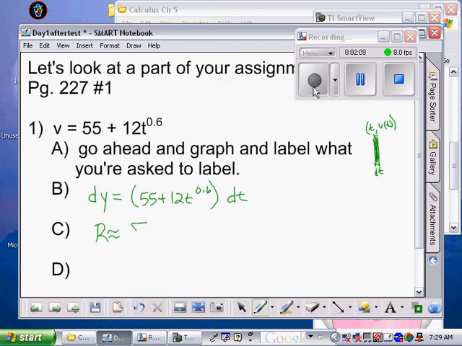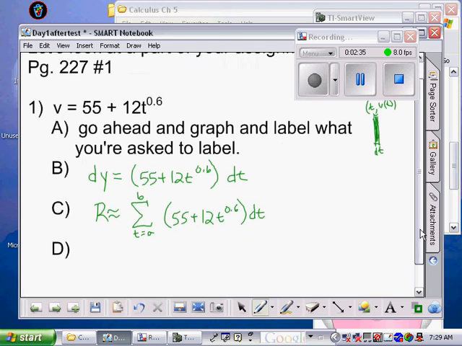So we write a general one with your summation sign. And we're going from A to B, so t equals A to B. And we're going to add up all those rectangles. So the rest of it is the same as what you had above: 55 plus 12t to the 0.6 dt. This is part C.